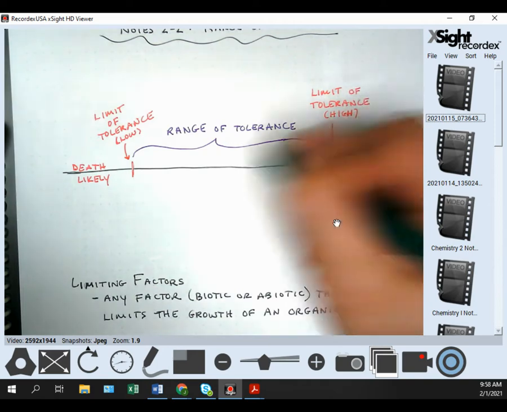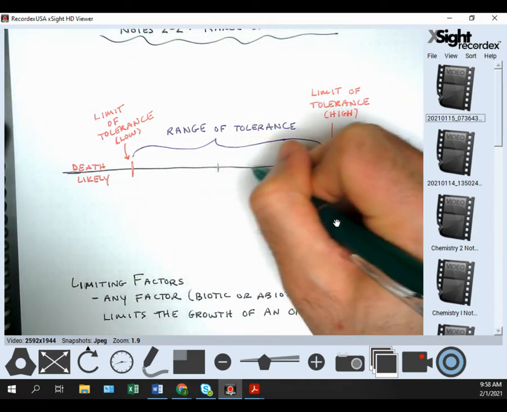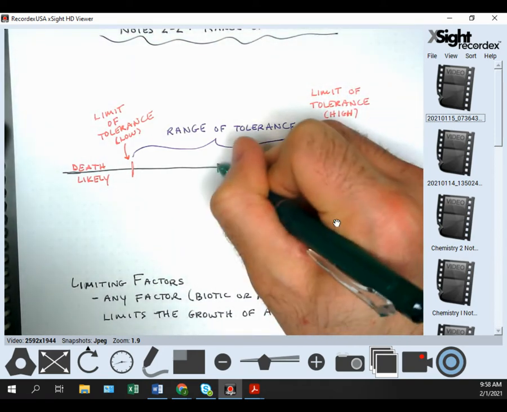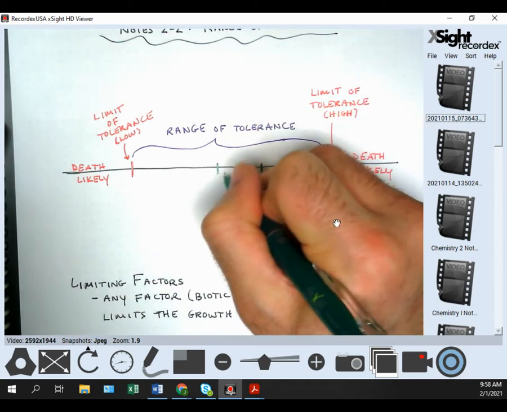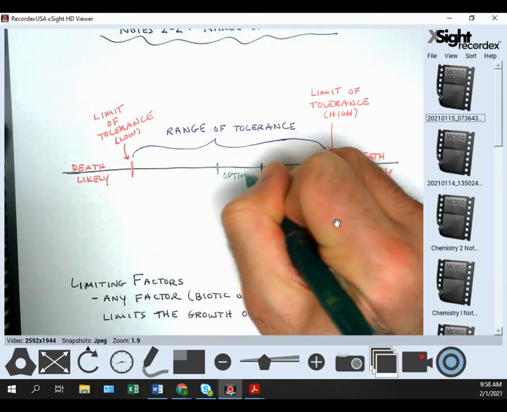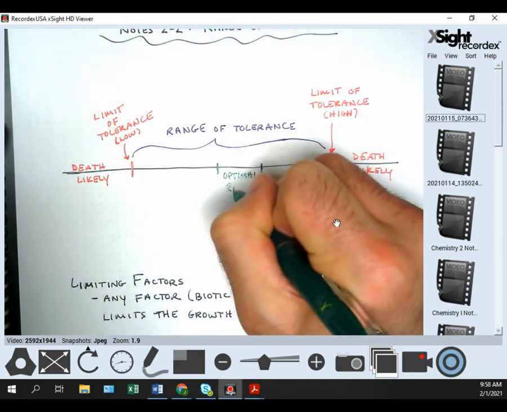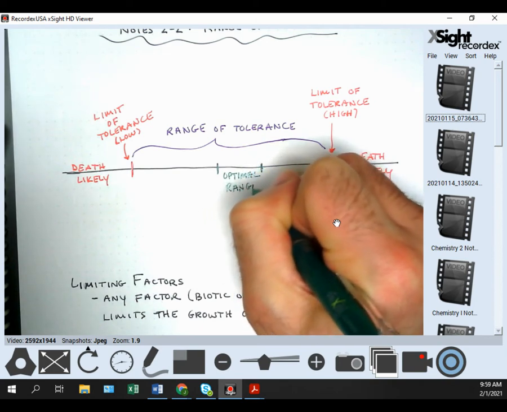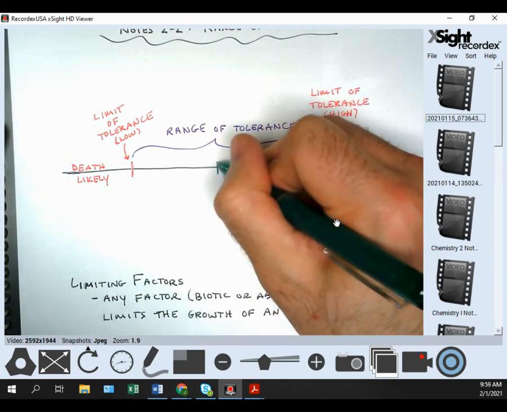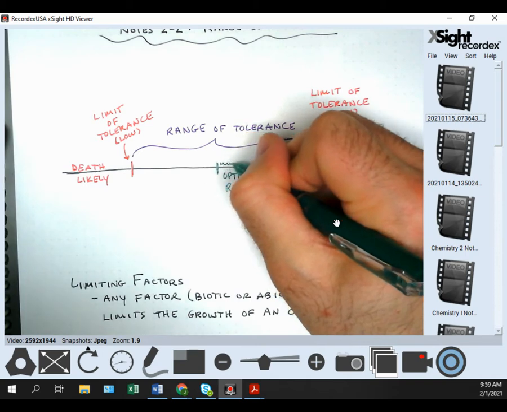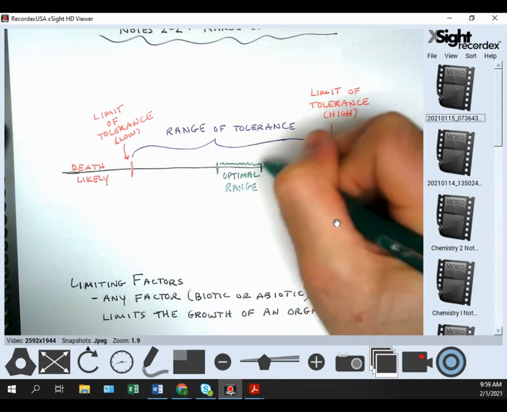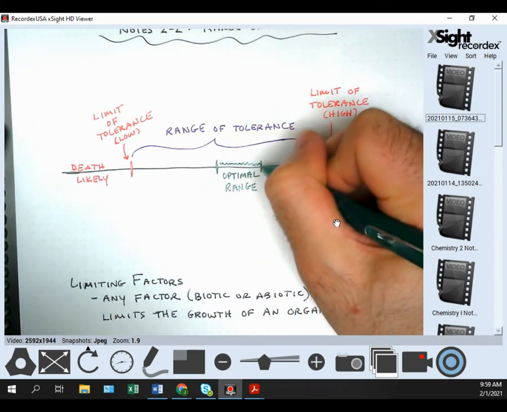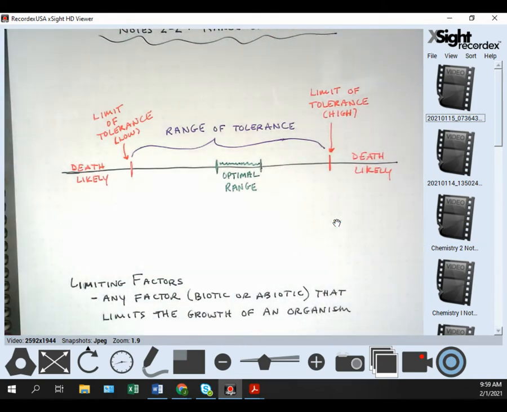Okay, then we have what is referred to as the optimal range. So the optimal range is the area somewhere in the middle.